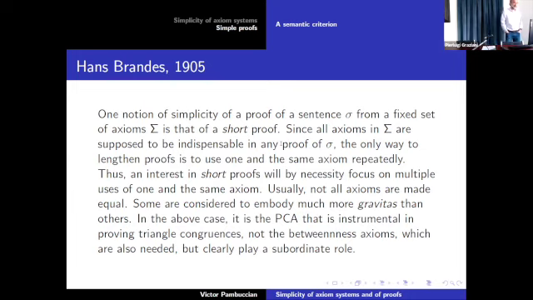Now you need a human being to tell you which axiom is expensive in this world. And in this case, Hans Brandes decided that the plane congruence axiom is the one that is heavy. The other ones, what would they be? I mean, betweenness axioms, well, they're not really the heavy lifting part.